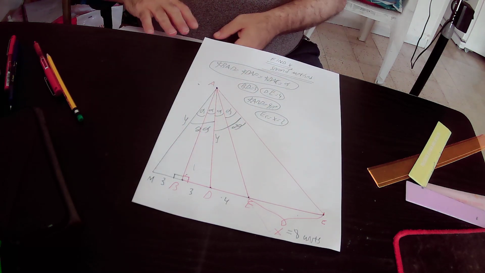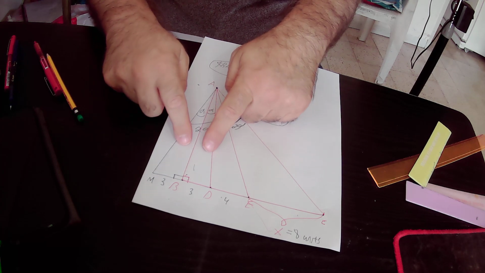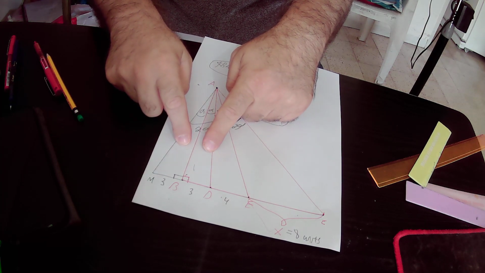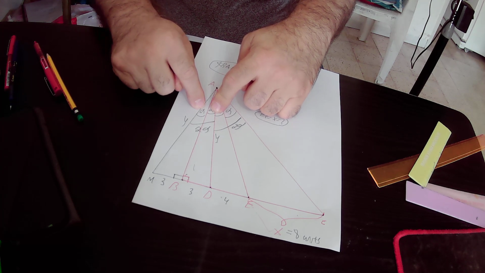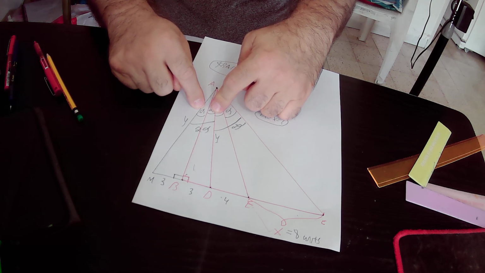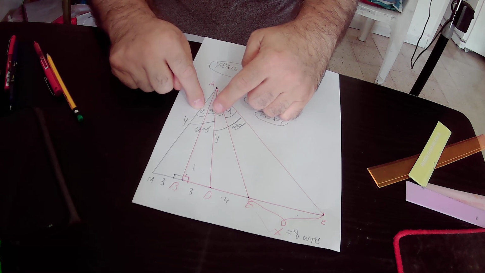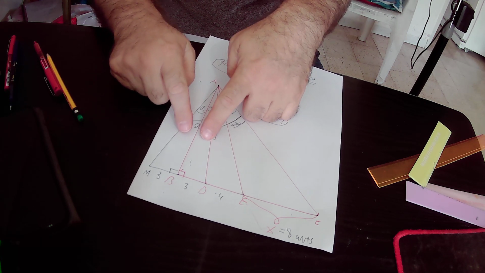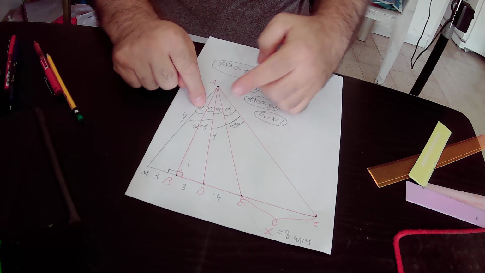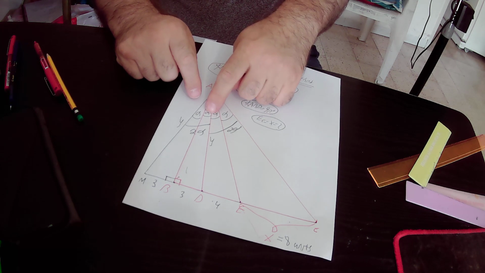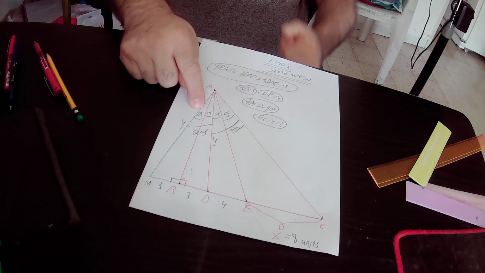So from the fact that those two triangles can go into each other, we can conclude that those two angles are equal to each other according to the rule that corresponding angles in congruent triangles are equal. So if this angle is alpha, this angle is also alpha.